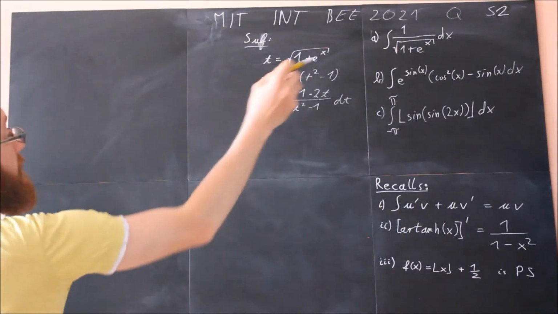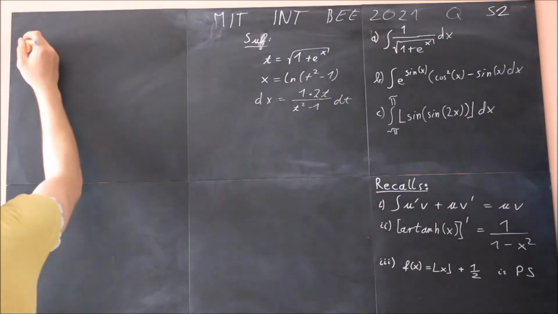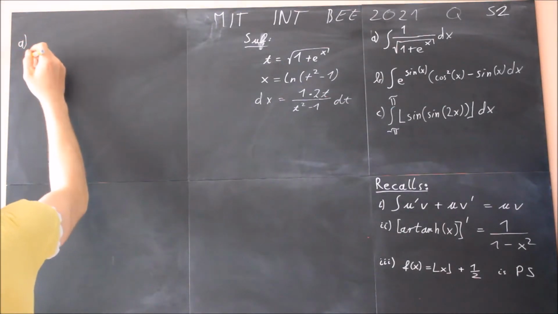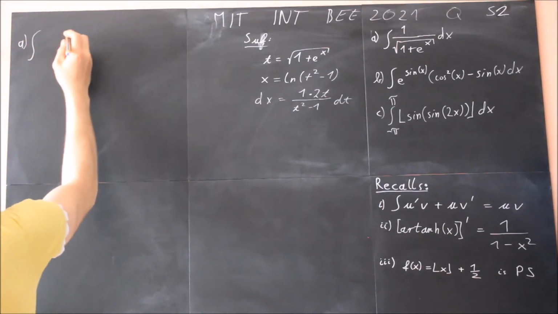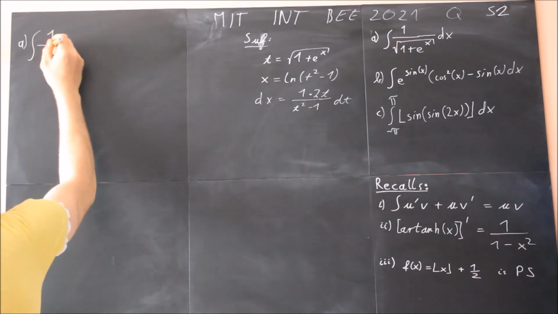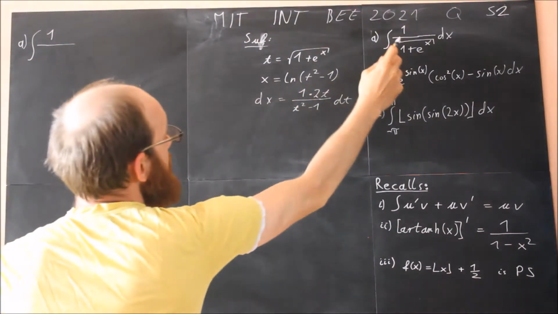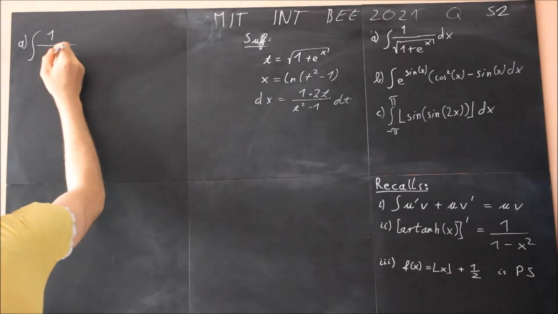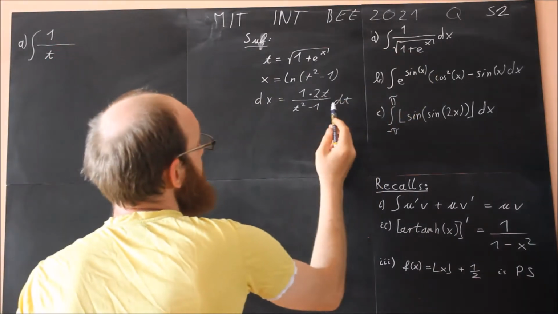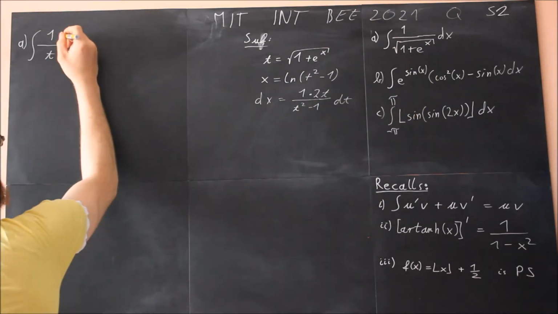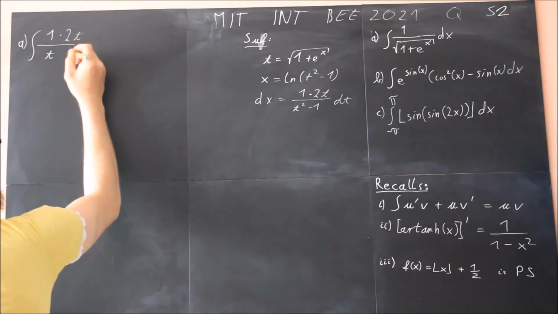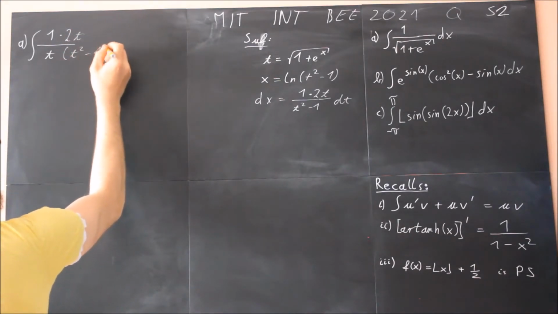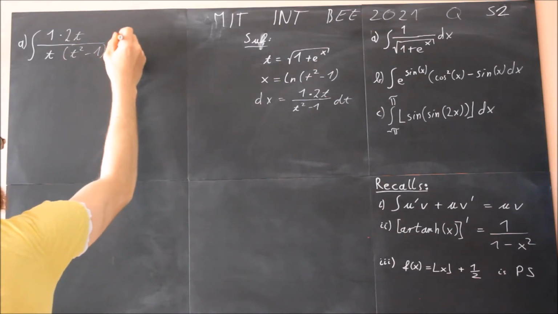So the integral becomes, so the first one, a, this integral becomes 1 over the square root, and the square root is t, and dx is 2t over t squared minus 1 dt.